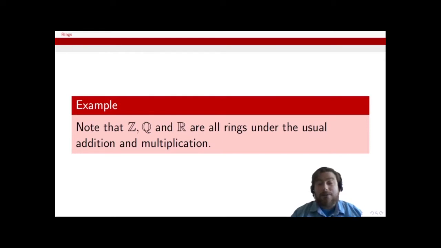Therefore, Z is a commutative group. Now, if we go under multiplication, two integers multiplied together is again an integer, and it is also associative, so we have that indeed Z is a ring. If we follow the same procedure, we get that the set of rational numbers is a ring, and so is the set of real numbers.